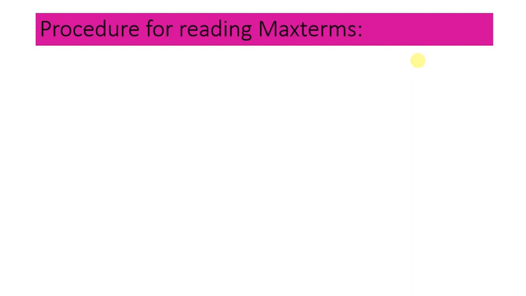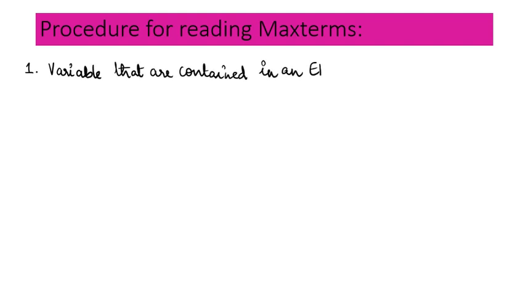So let us look into the procedure for reading the max terms. Here, a variable that is contained in an essential prime implicant which is not eliminated will be complemented.